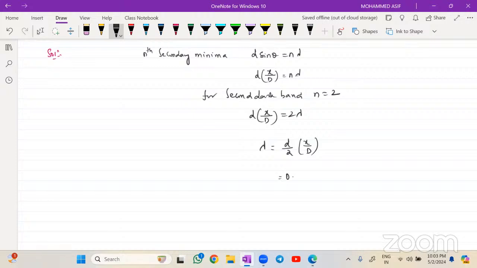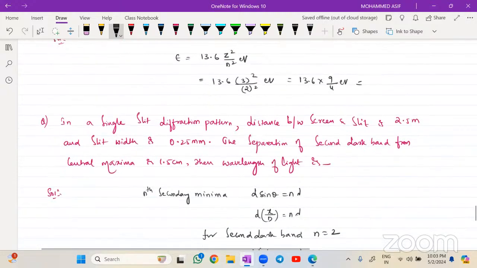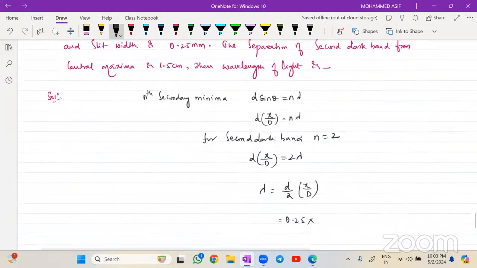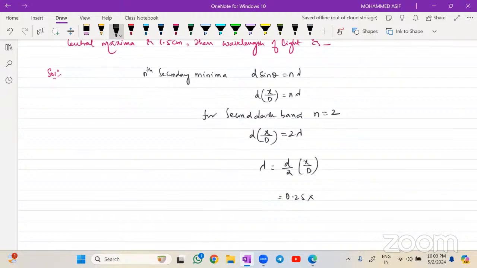Small d is the slit width, 0.25 mm, which is 0.25 into 10 to the power of minus 3 meter, divided by 2 into x. X value is 1.5 into 10 to the power of minus 2 divided by capital D, that is nothing but 2.5. So simplify it, we'll get the wavelength.